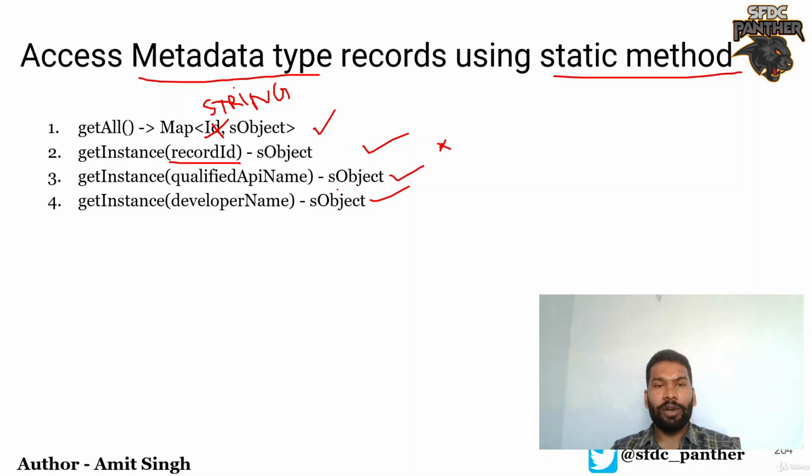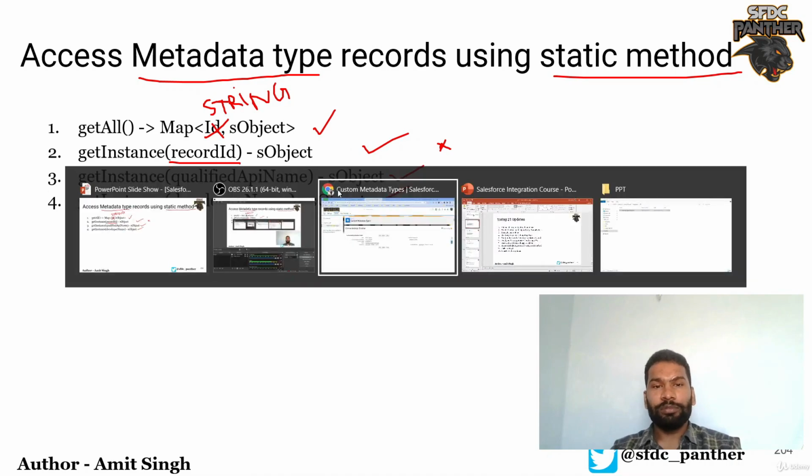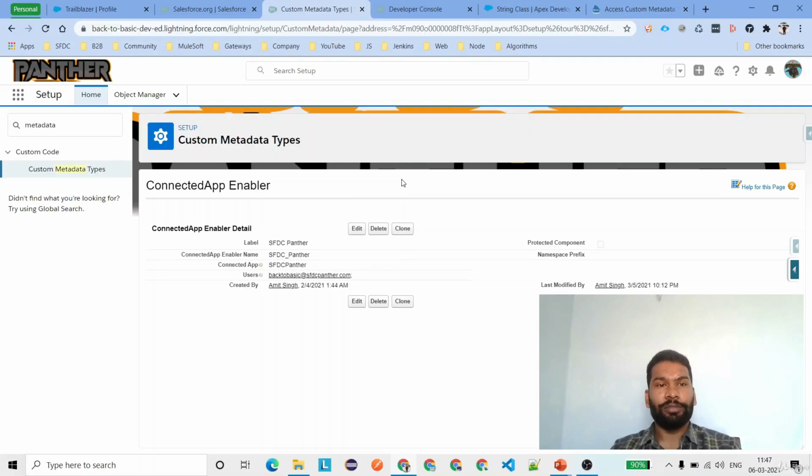So let's quickly see how we can do this in a demo inside our Salesforce Apex org. I have a custom metadata called connected app enabler, and under it I have got one record where the label is SFDC Panther. The connected app enabler name is going to be my qualified API name as well as developer name, and there are two custom fields, connected app and users.